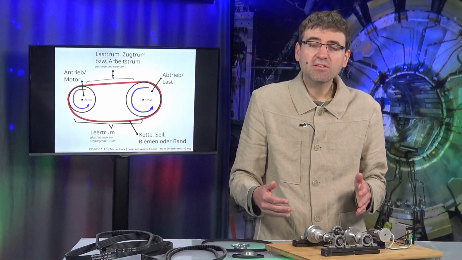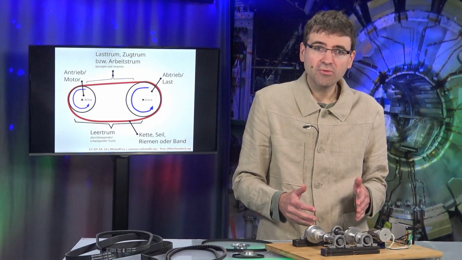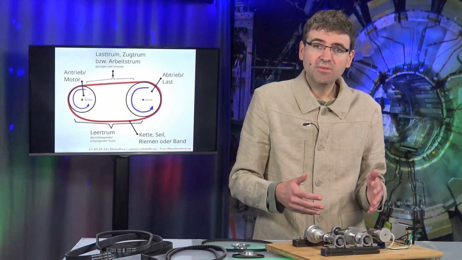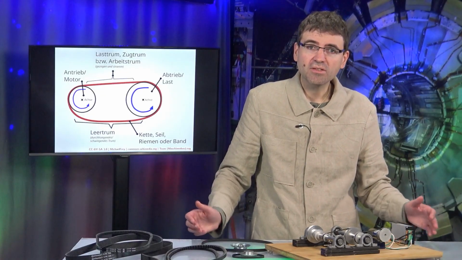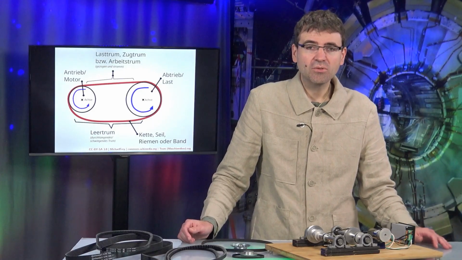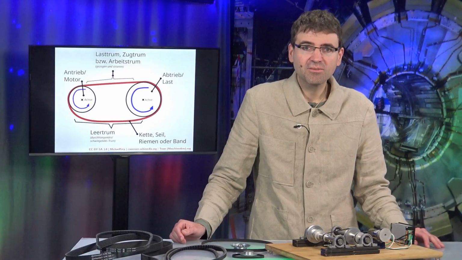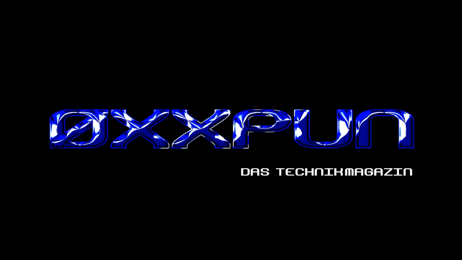And it is important that such a system is checked repeatedly at maintenance intervals. We are checking to see if there have been any changes, if material fatigue is apparent, and if replacement is necessary. These measuring instruments are also required for that purpose. And I want to show you in this video what these measuring devices look like, what they can do, and how they function.